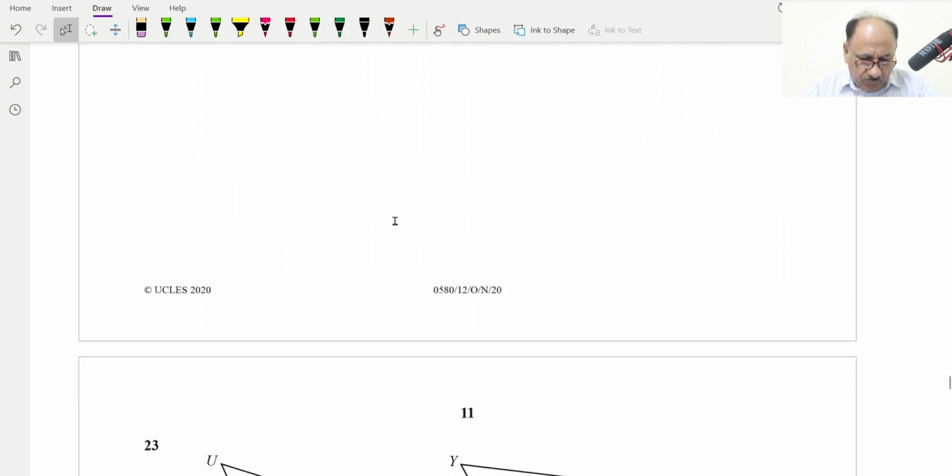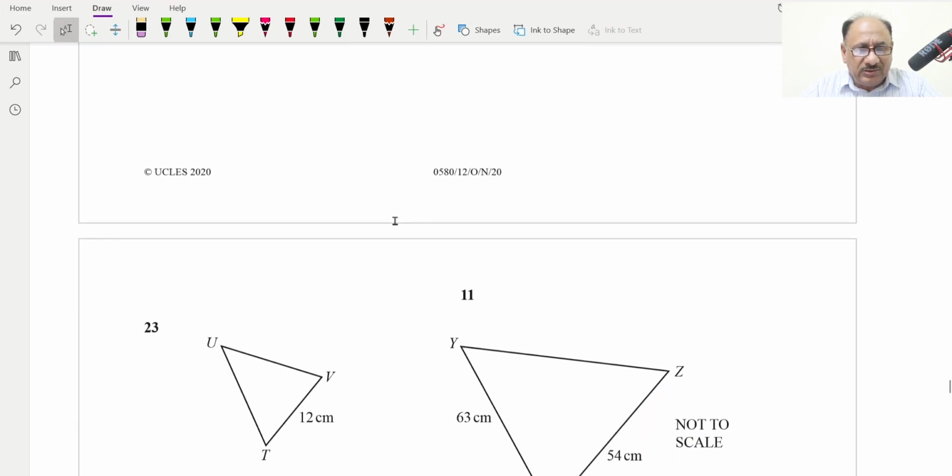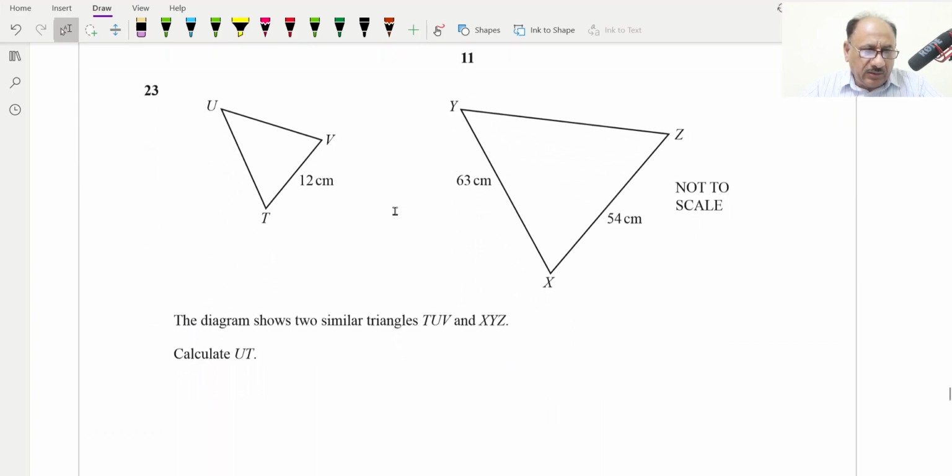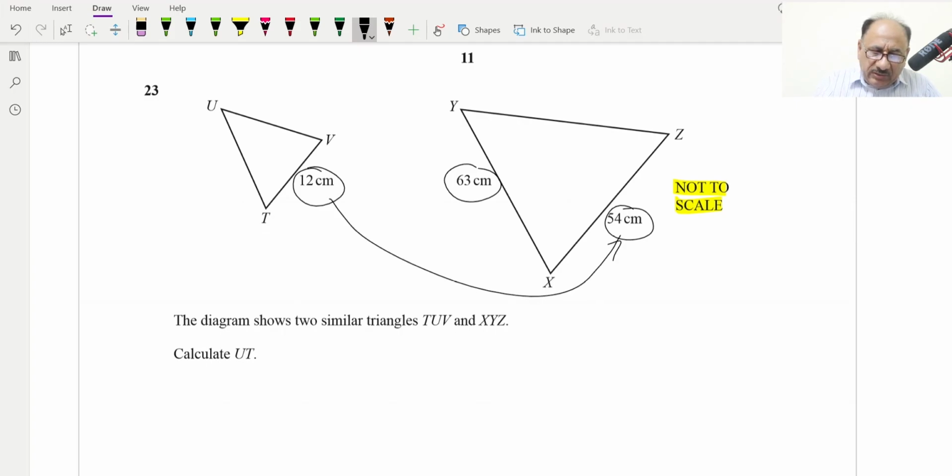Now we can move to question number 23, which is similar shapes question, and again you'll have to keep in mind this is not to scale, and drawings we cannot measure, so we'll have to check. This is the given side, this is the given side, and this is the given side, and we can relate this and this one, and we can find the K value, the ratio between these two.